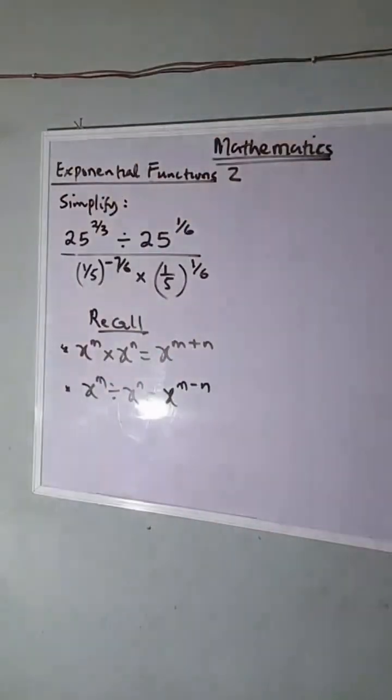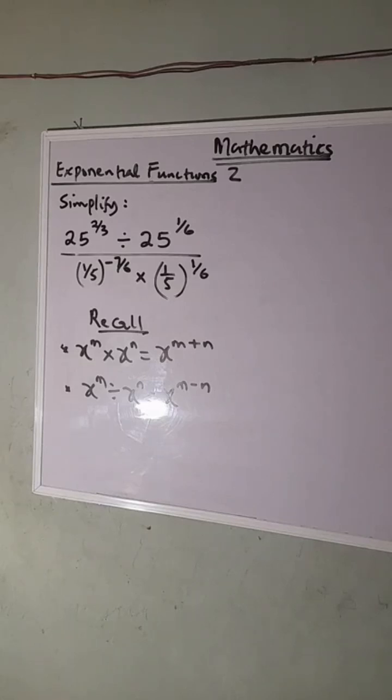Seeing the law, the numerator is division, so we write the base down and subtract the powers. In the denominator, the base is 1 over 5, so we write one of the base and add the powers together. Our knowledge of these two indices formulae will help us in solving this particular problem.